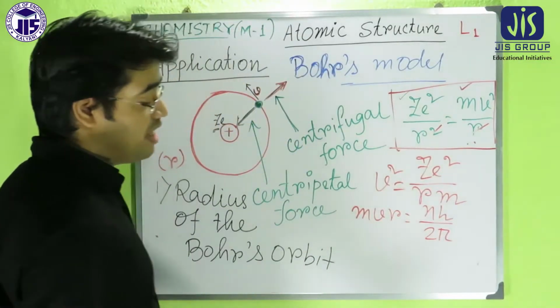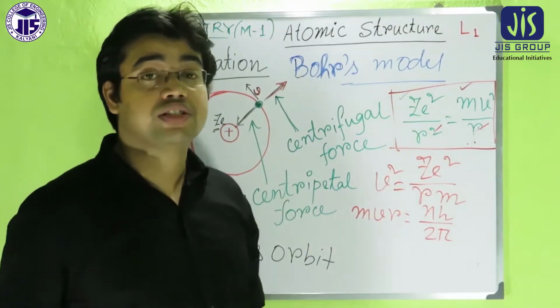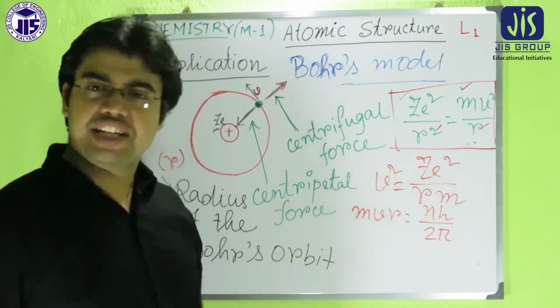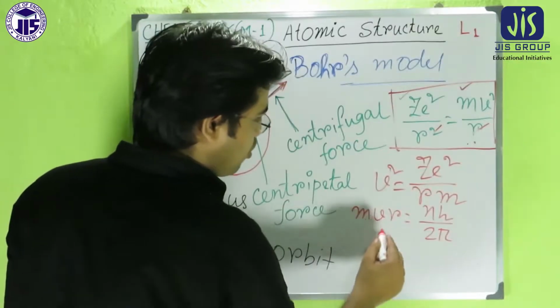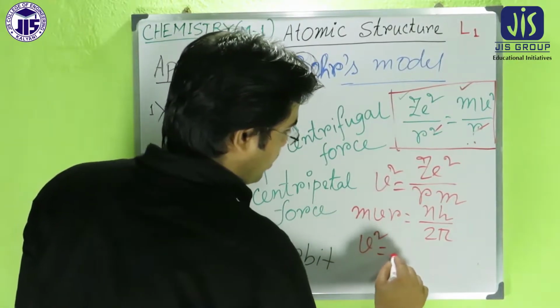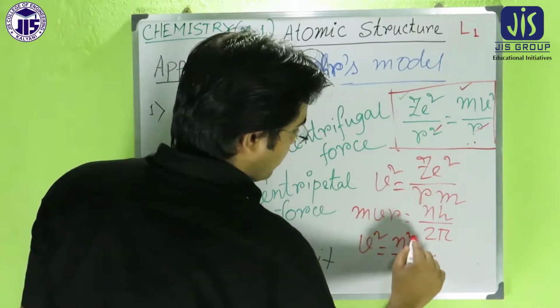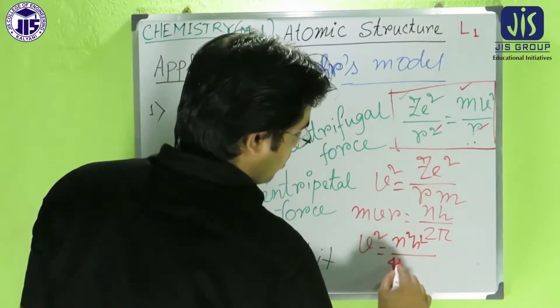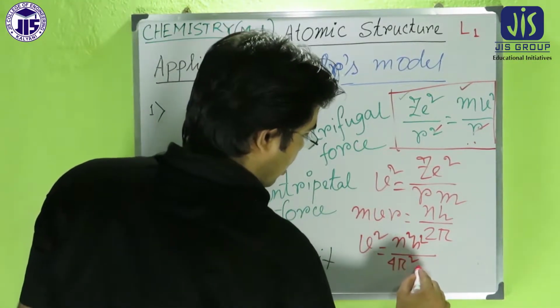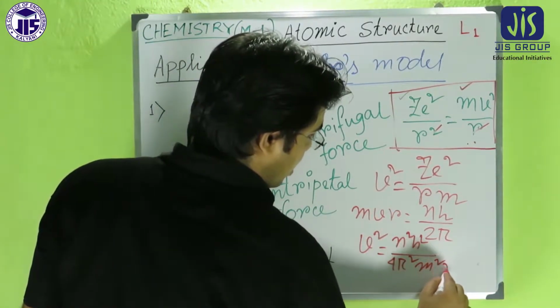We already discussed that when we discussed the postulates of Bohr's model. So mvr equals nh by 2 pi, and from that equation we also get one equation: v square equals n square h square by 4 pi square m square r square.